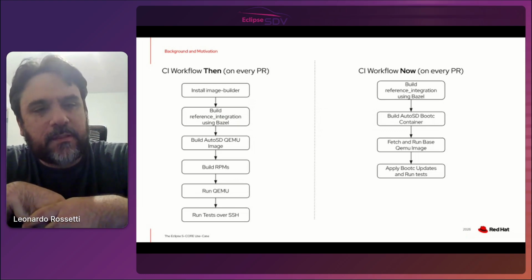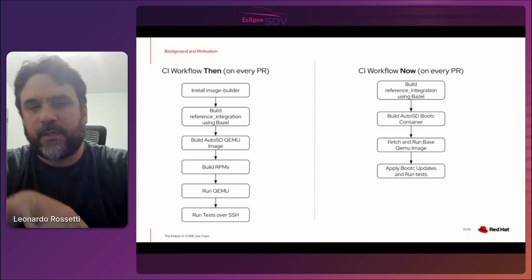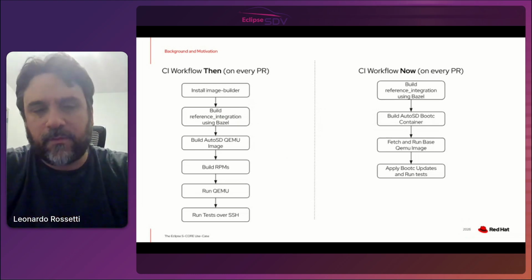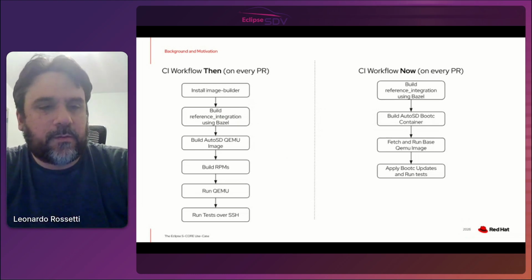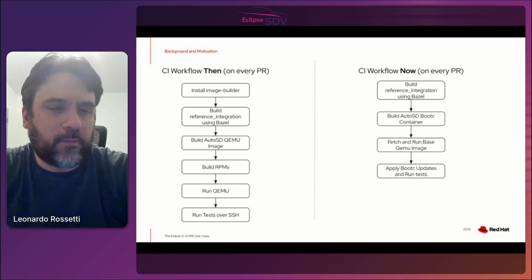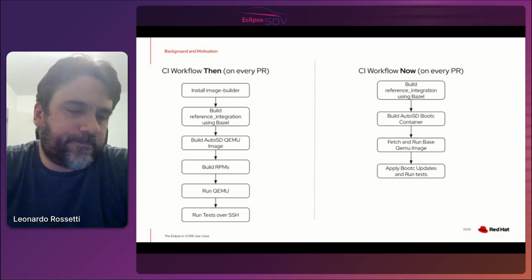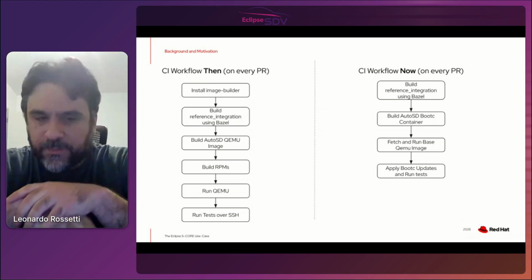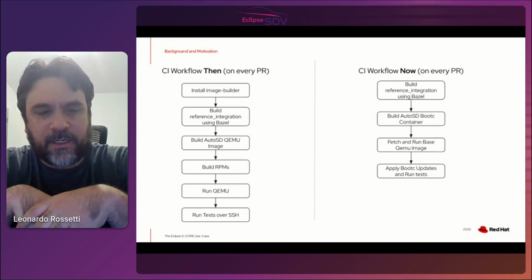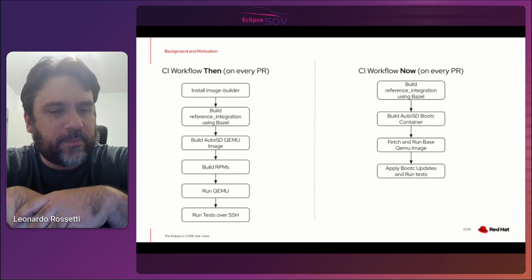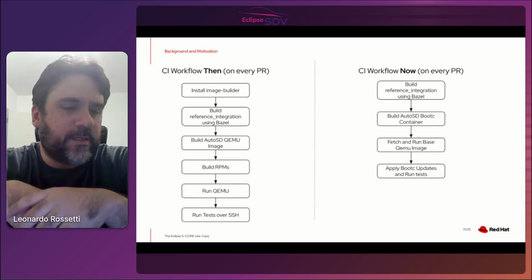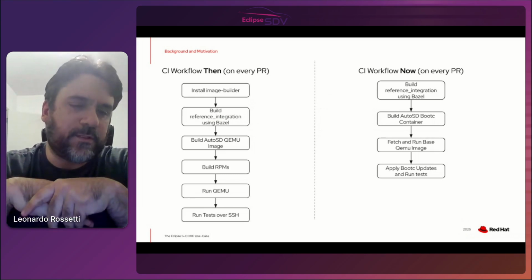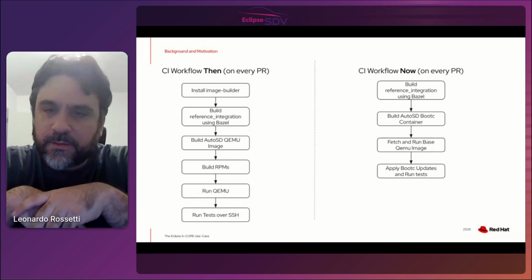Then you'd build the RHIVOS integration project, which could take quite a bit on a GitHub worker. Then you have to build an AutoSD QEMU image, then build RPMs, then start that VM, send the RPMs, and run tests over SSH. That whole process took more than 20 minutes, which is quite something.